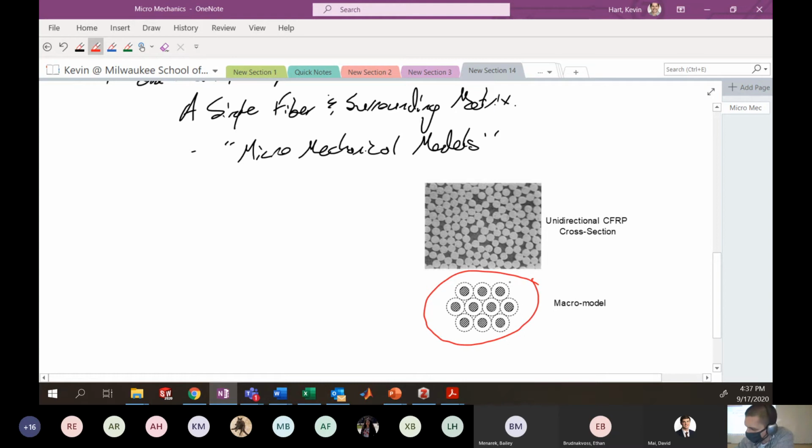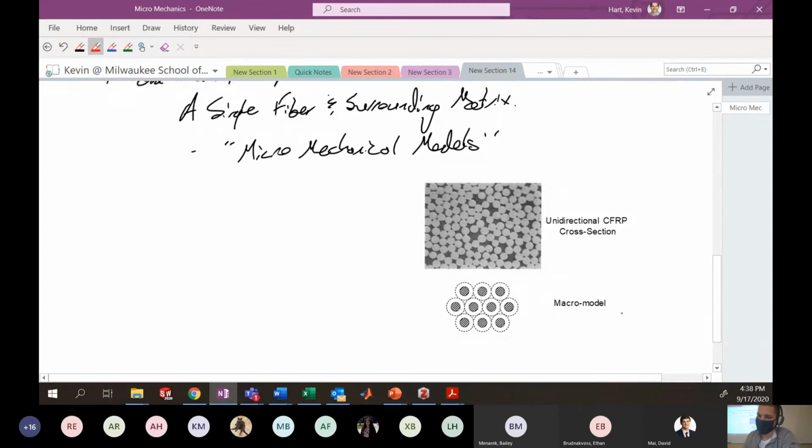So what we're more or less going to do is look at one of these little individual elements, do the analysis of that one particular guy, and then multiply that up to get a model like this. So here's a macro model of many of these smaller micro pieces.